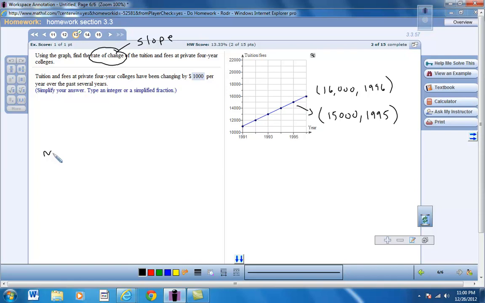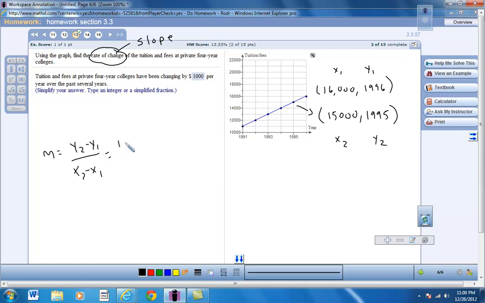So we plug it back into our equation. Y2 minus Y1 over X2 minus X1. Call this X1, Y1. I always recommend you to label, okay? X2, Y2.